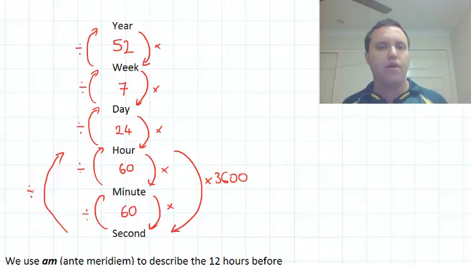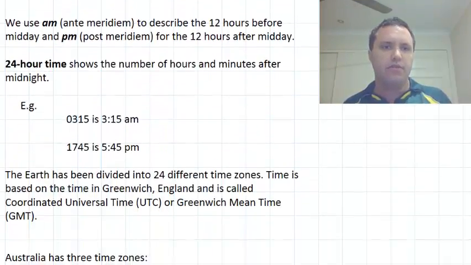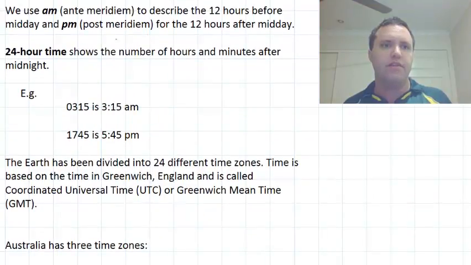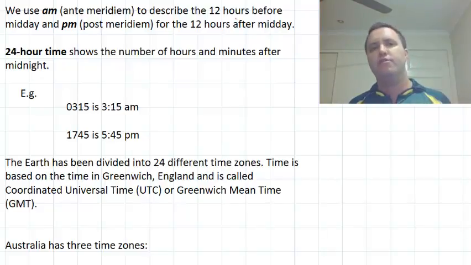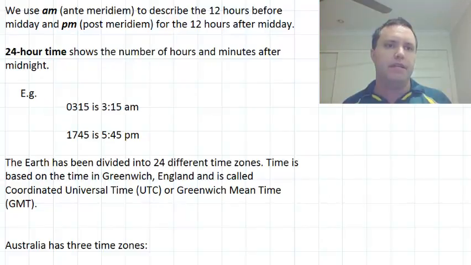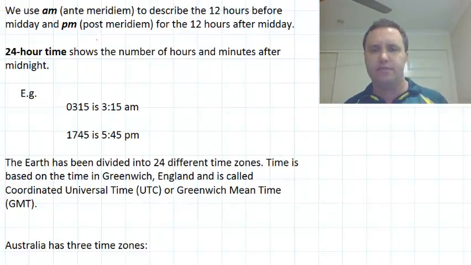We use the abbreviation AM, which is Latin for ante meridiem, meaning before midday, to describe the 12 hours before midday, and PM, which is post meridiem, for the 12 hours after midday. There's also a type of time called 24-hour time, which shows the number of hours and minutes after midnight.